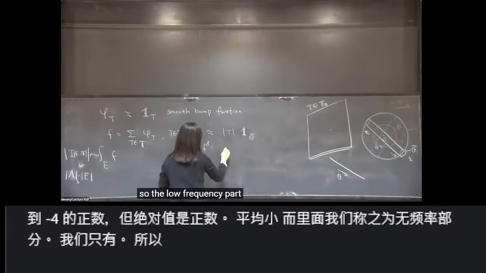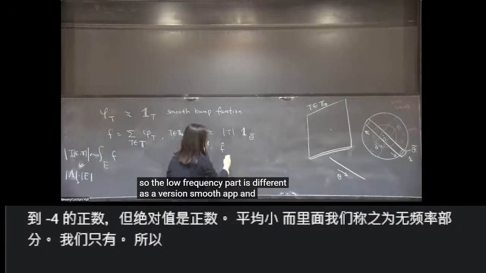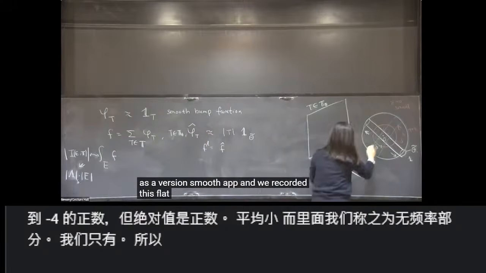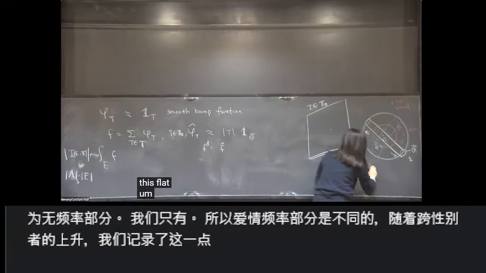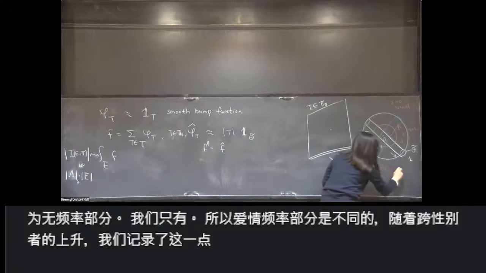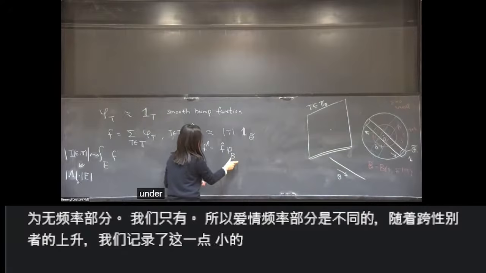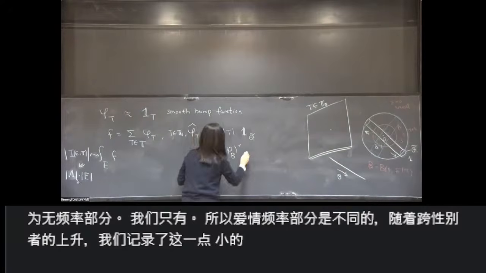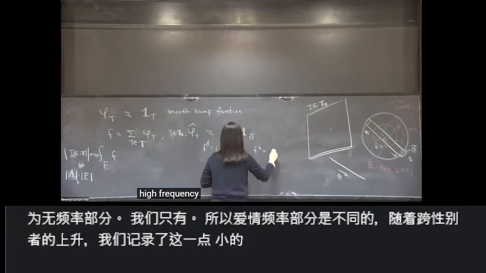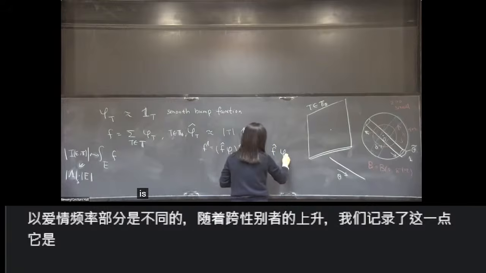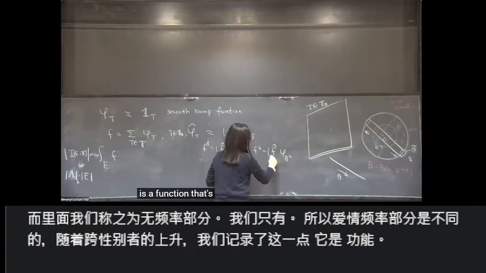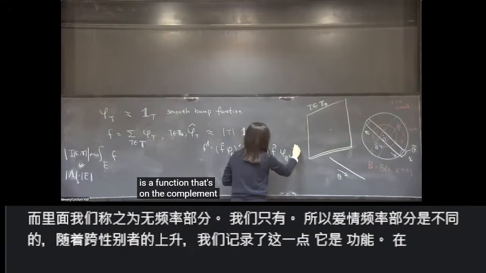The low frequency part is defined as the Fourier transform of f in the ball B of radius delta to the -1 plus epsilon centered at the origin, times a smooth bump function at B, then the inverse Fourier transform. The high frequency part is the function on the complement of B.